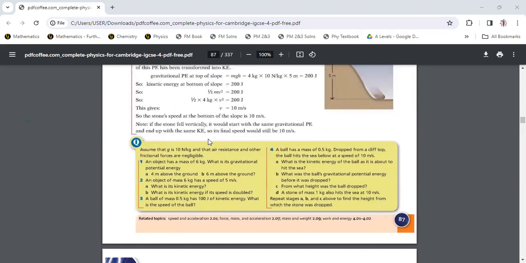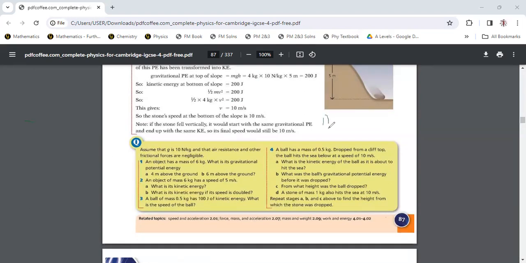Let's try with Charmaine this time. In this question, they ask you to assume that g is 10 instead. Let's just assume it's 10 for the moment. Other frictional forces, just make it negligible. So, number 1, an object has a mass of 6 kg. What is your gravitational potential energy?